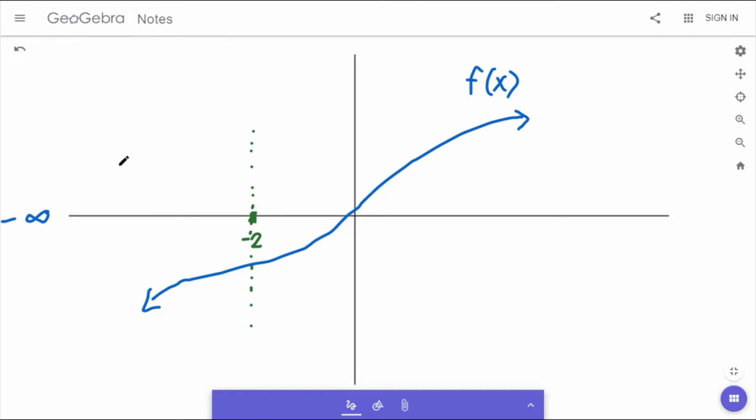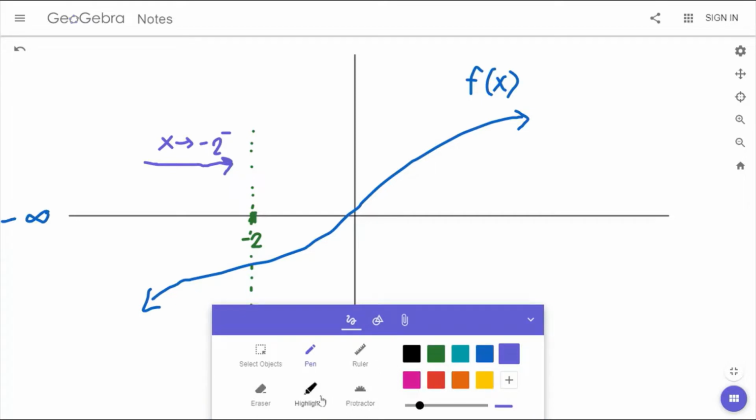What if the values of x ay palapit ng palapit sa negative 2 pero galing siya sa left? Yan na yung representation class ng ganito. X keeps on approaching negative 2 from its left. Okay? Medyo hindi maganda ang pagkasulat ko ng approaching symbol.